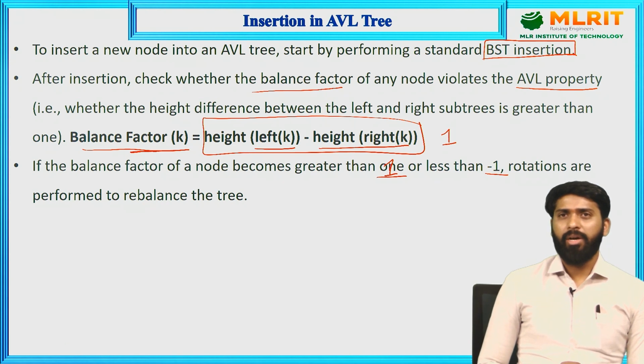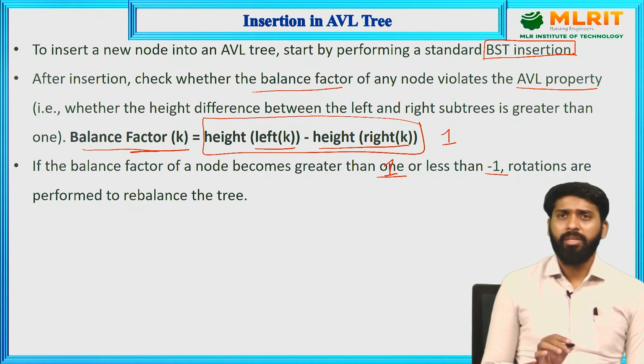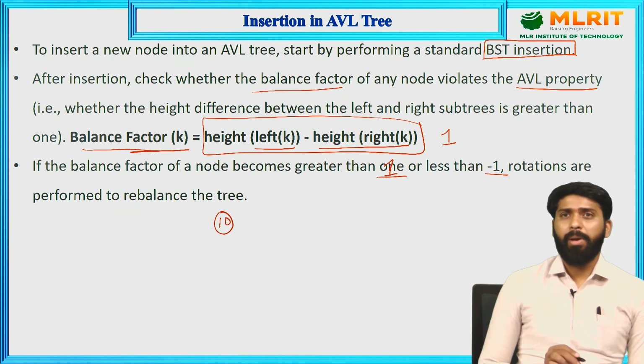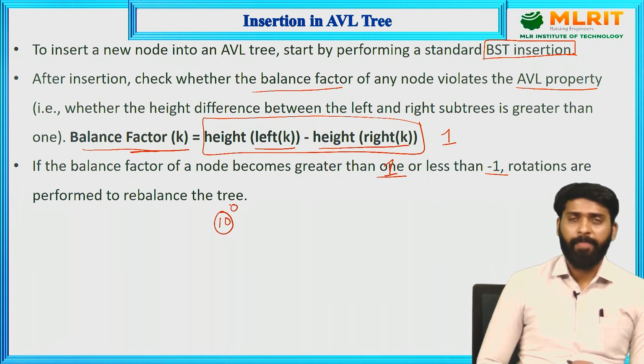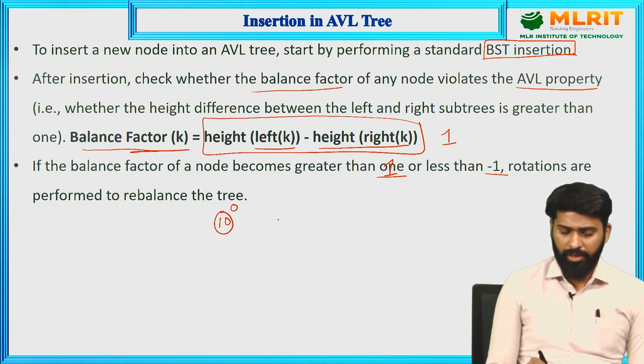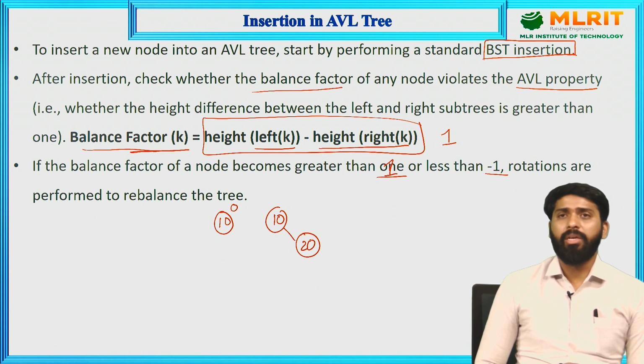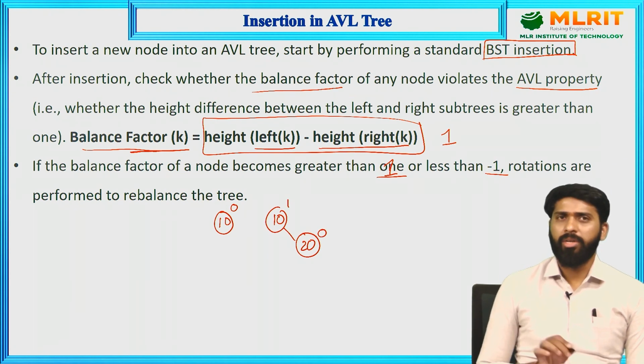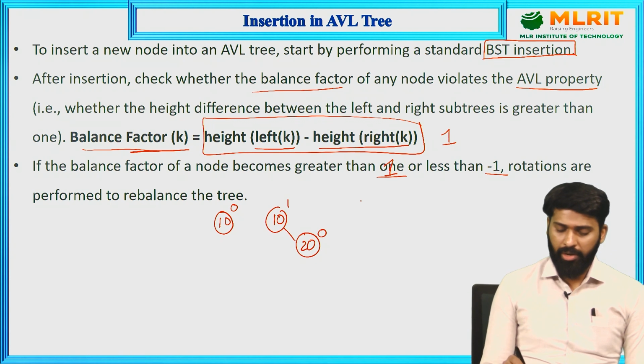Okay. So we have here the problem, for example, this is the 10. So what is the balancing factor here? 0 only. After 10 if I insert 20, now 20 is the right child of 10. Now check the balancing factor of 20, 0, balancing factor of 10, 1. So it is also AVL tree. Now I try to insert 30.